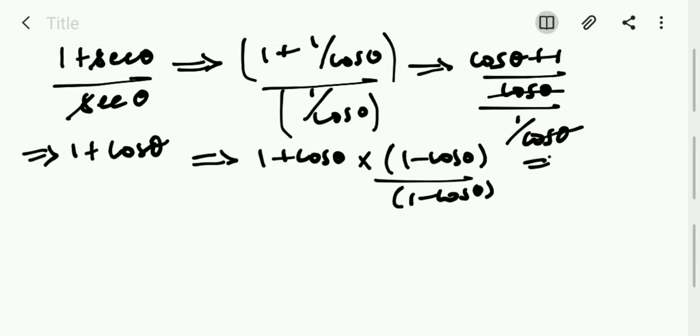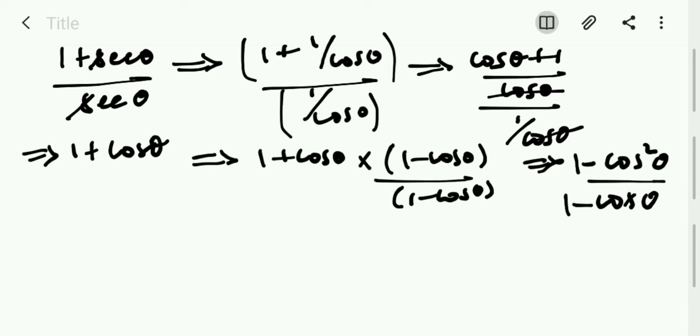Now what do we do? a plus b into a minus b, that is (1 minus cos square theta) by (1 minus cos theta). a plus b into a minus b is nothing but a square minus b square, so 1 square minus cos square theta. Now with the identity sin square theta plus cos square theta is equal to 1, we know that.